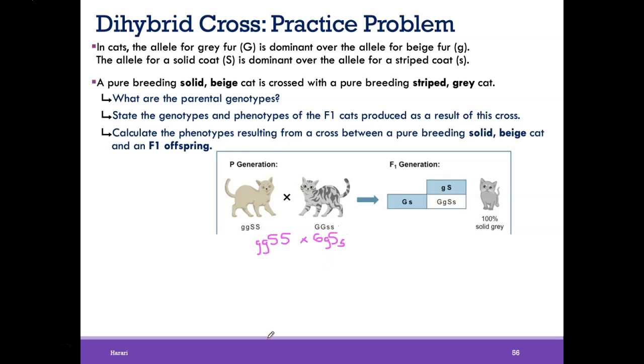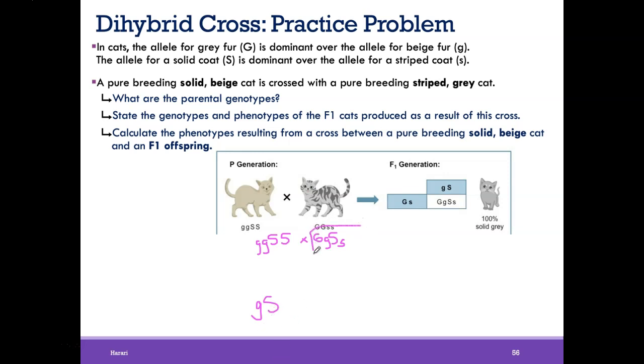To make the Punnett square, we have to see what kind of gametes each can make. Well, this one we already know can only make one type of gamete, little g and big S. Right, that makes it easier for us.